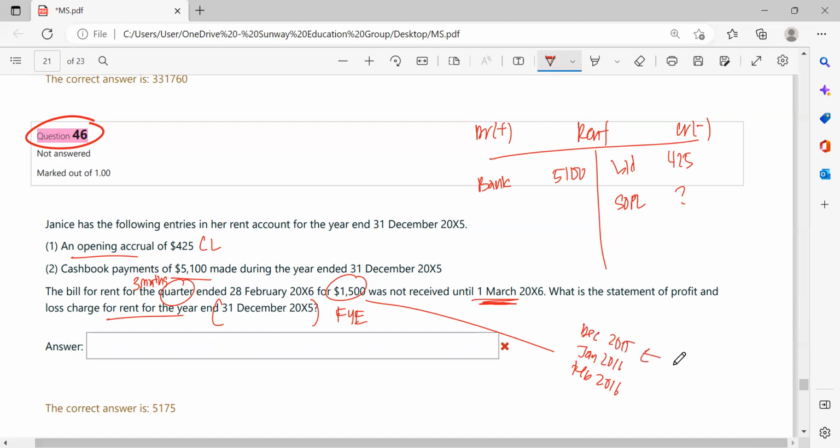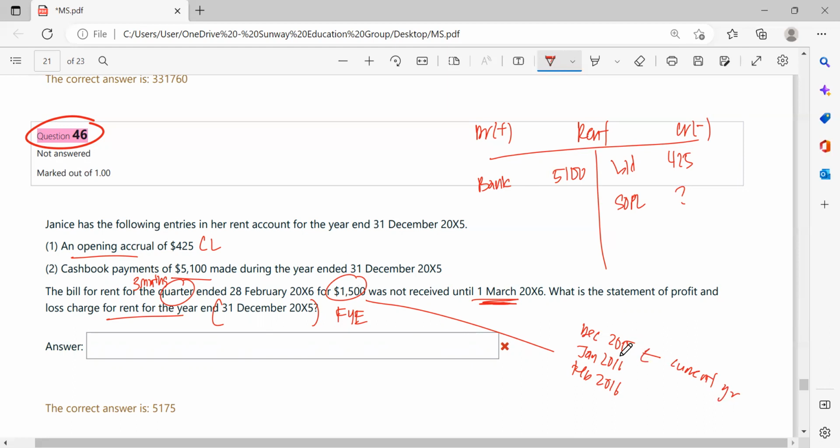December 2015 is actually your current year. In other words, you are supposed to pay in this year for December 2015, but you did not pay because the bill you're going to receive only next year. So this is our closing balance already, because we are still owing for December.